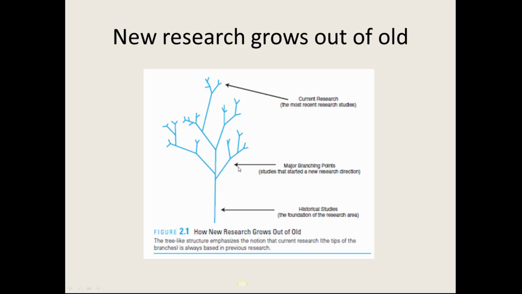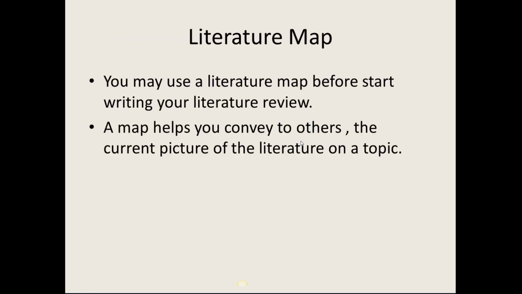You don't actually draw this in your literature review, but this is a mental depiction of how you go through your literature review processes. So you start with the historical background, the major branching points, and also the current research. This literature map helps you to organize your thoughts and organize the articles that you read for your literature review, to put them together, to synthesize it in a meaningful way.